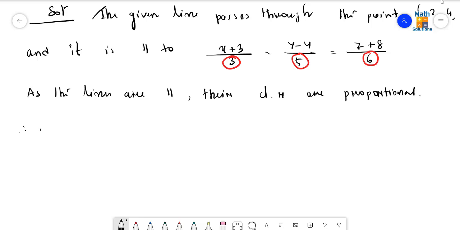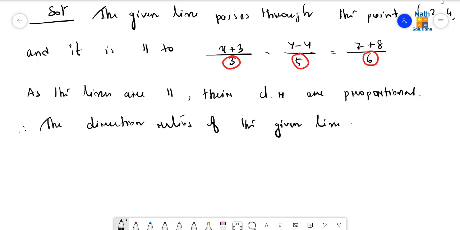Hence the direction ratios of the given line will also be 3, 5 and 6.